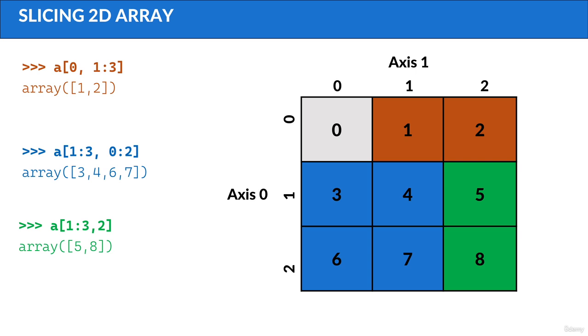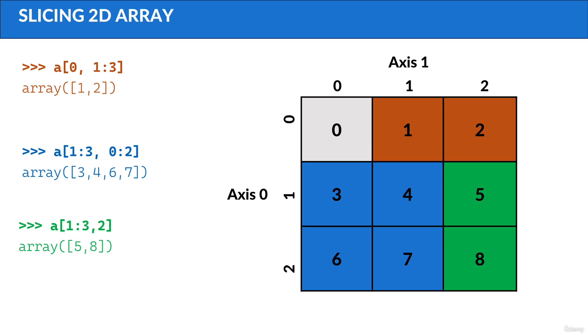At the left-hand side here, we have our first example, which is in this dark orangey brown colour. And this is a slice on row 0 and a column index 1 to 3. And if we look over here to the right at our matrix, we'll see the numbers that this selects in the same orangey brown colour.